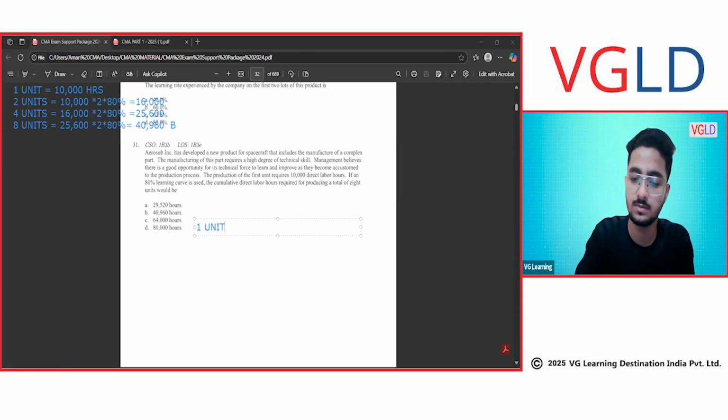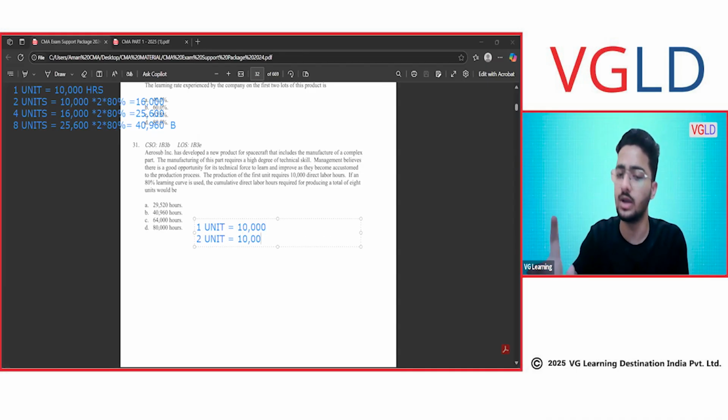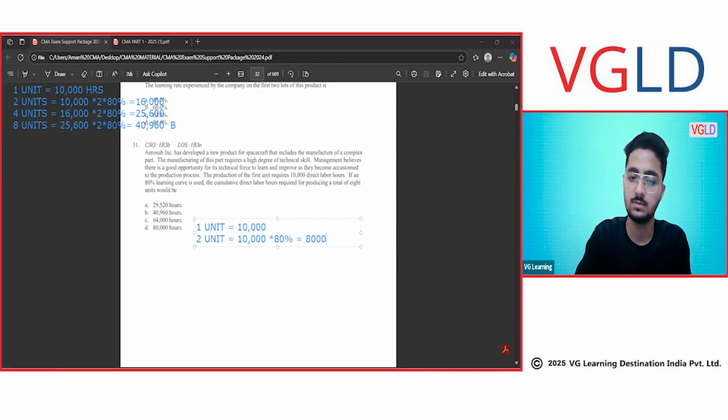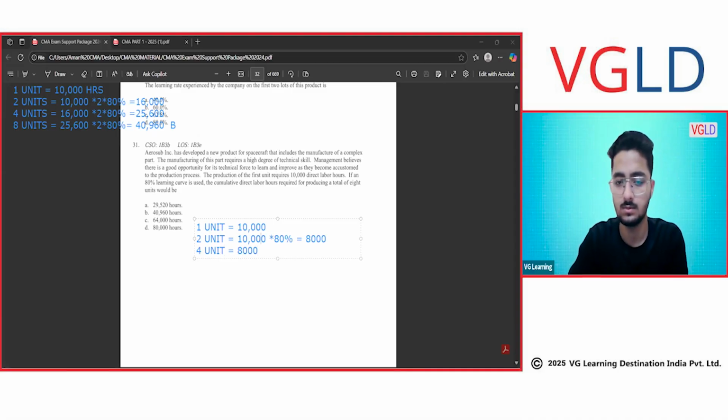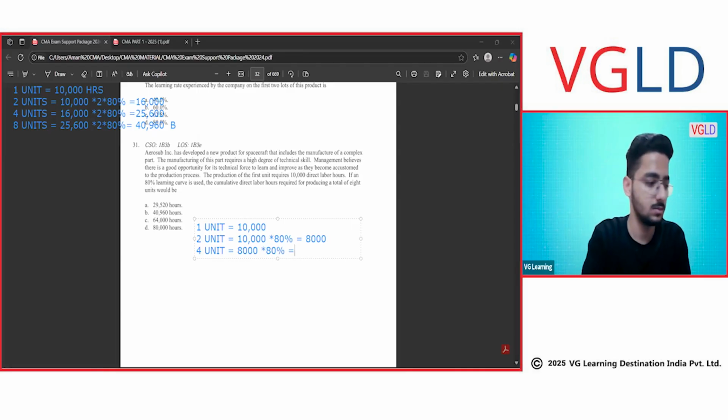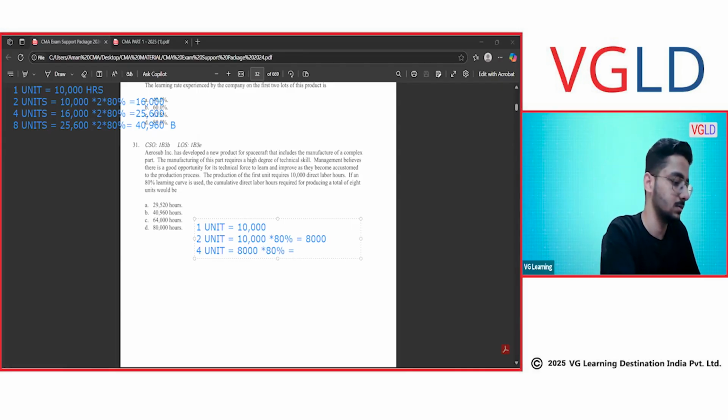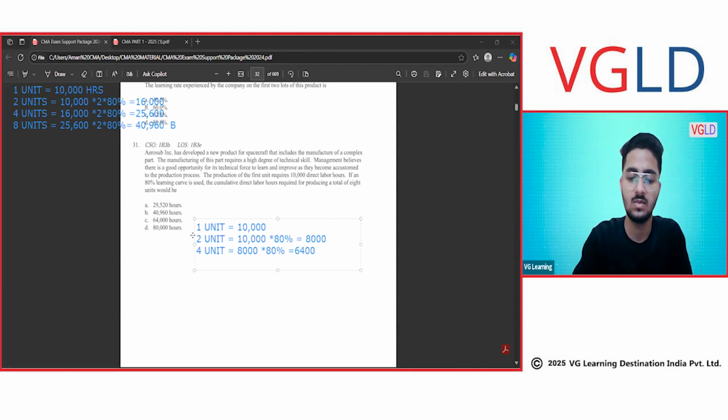First unit, 10,000. Second unit, take 80% of 10,000 directly, so no need to double it. 8,000. Third unit, oh sorry, 4 units. Eight units.